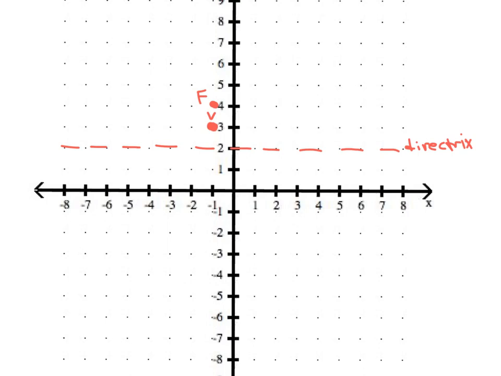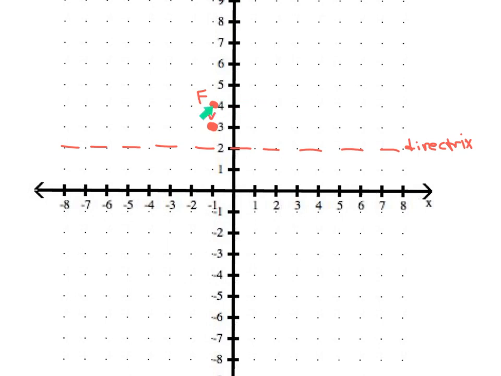Now, before you just willy-nilly draw in a parabola that opens up, look at the focal width. See where my stylus is? It's at the focus. The focal width was 4, which means that if you go across 4 units, that'll give you how wide the parabola is.